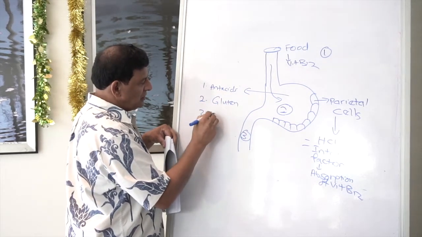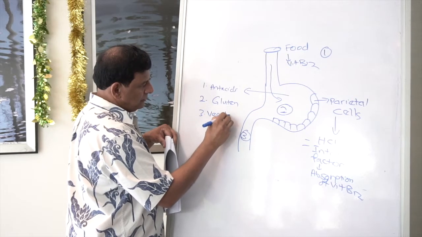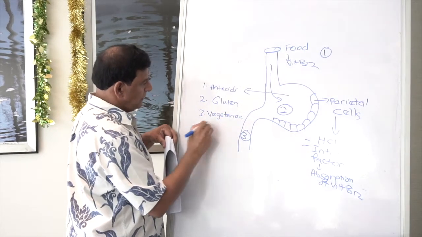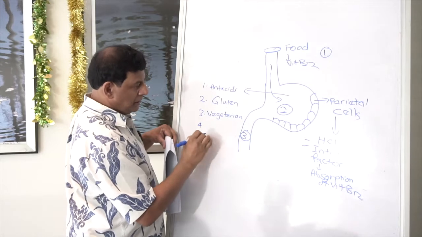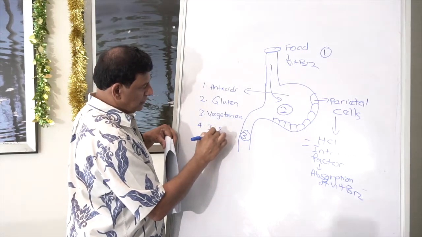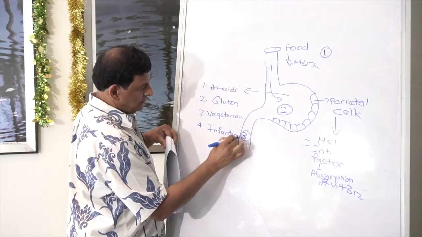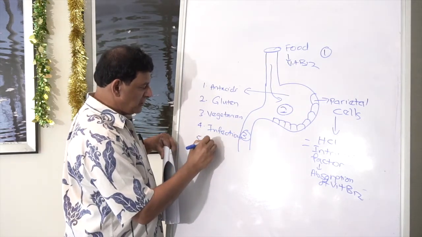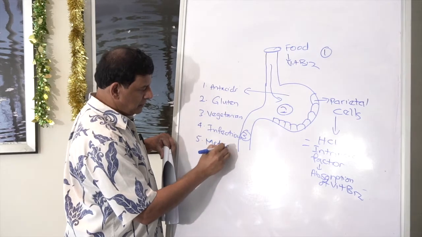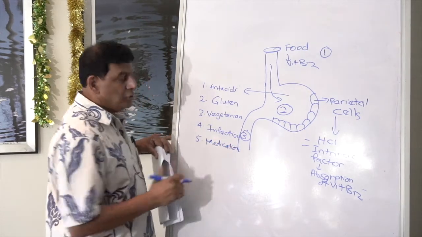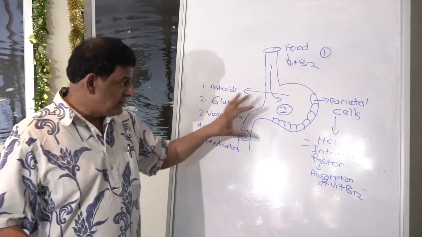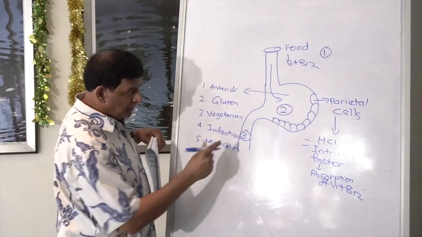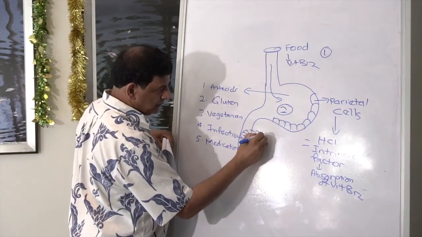Third, it can be a vegetarian diet. Fourth, it can be an infection that is going on, like H. pylori. Okay. Fifth, they have been on medications. So we need to understand that there are factors that are influencing. The other problem can be an absorption problem here.